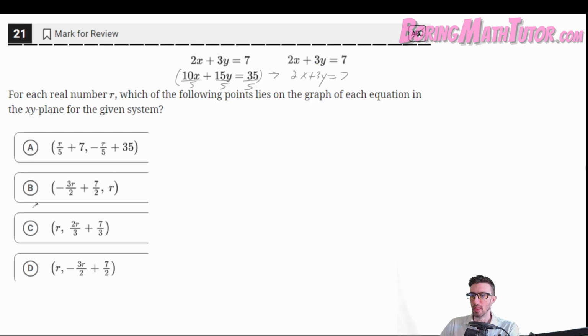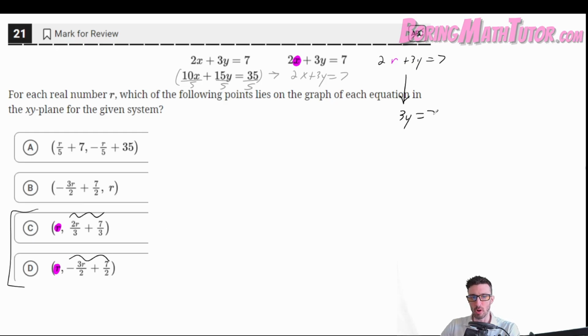That means that if I go to, let's say, C or D, where they're just using r in place of x, then I can try replacing this x with an r. So that would mean I would then have 2r plus 3y equals 7. And now the y, I want to solve for y right here and see if it's one of these.